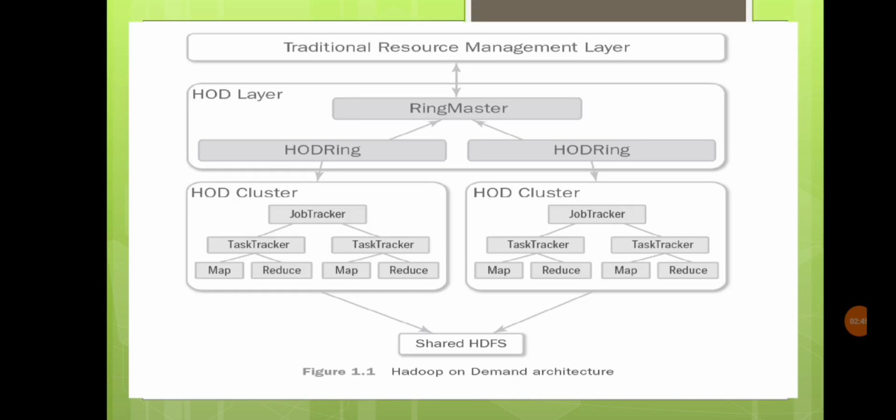In the traditional Hadoop, that is version 1, a job tracker was responsible for both job scheduling and resource management, leading to scalability and fault tolerance issues. That's why we overcome these issues by using the Yarn concept.